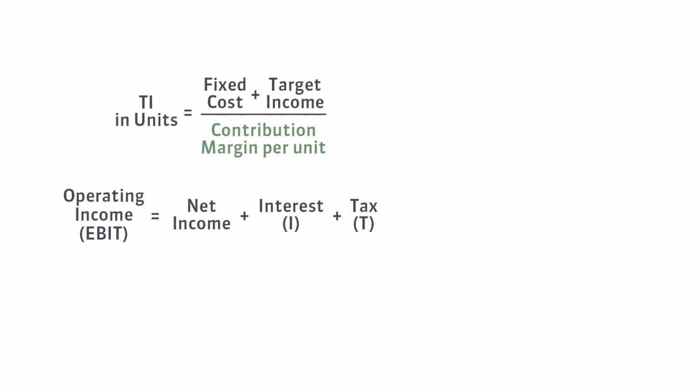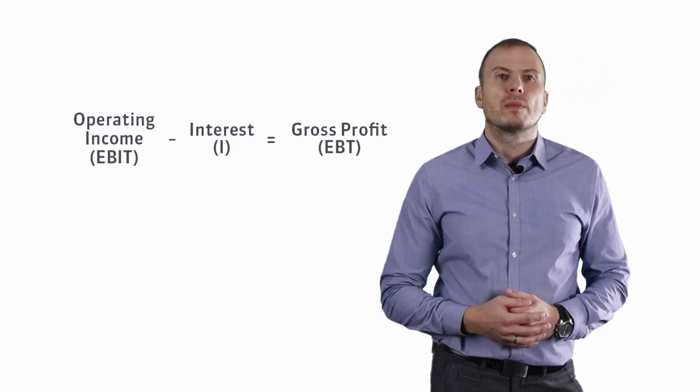But this kind of thinking is wrong because income tax and interest will not be covered. For this reason, when the target income is expressed as net income, we need to add back the income tax and interest to get the operating income.